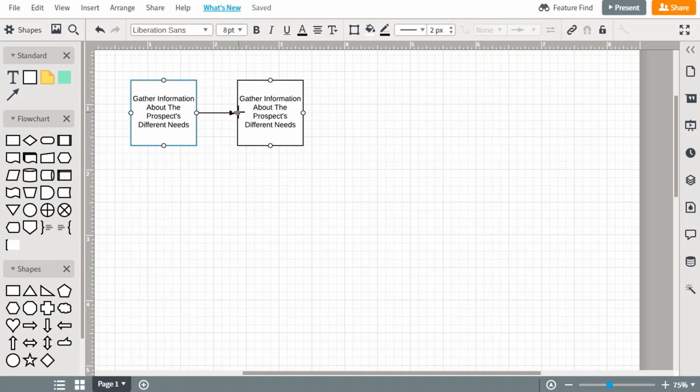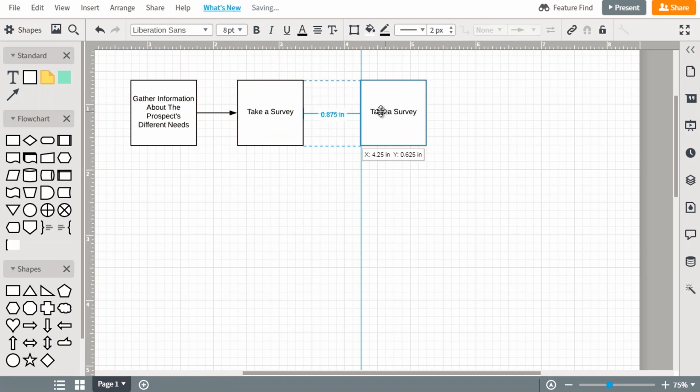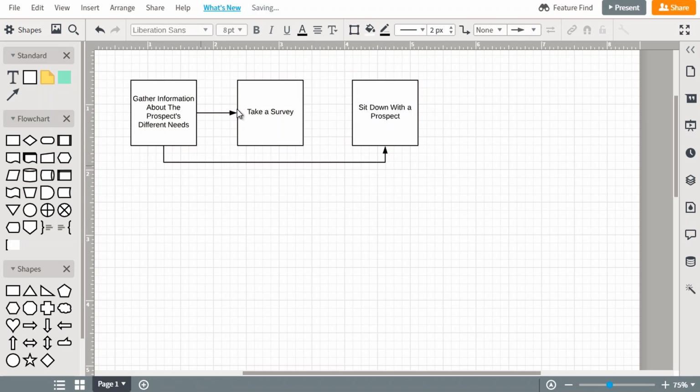We can either take a survey, or secondary, we can also sit down with a prospect and talk with them and get a better understanding of where they're coming from. So these are two different options.